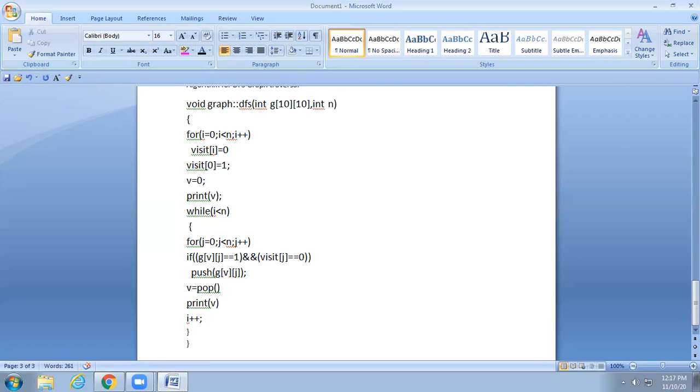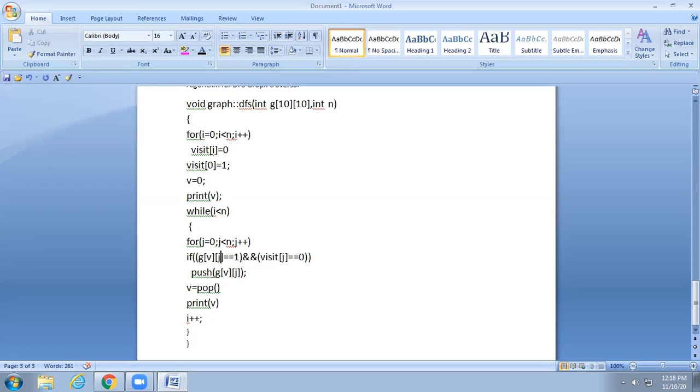In the case of an adjacency matrix, if the value is 1, it indicates there is an adjacent vertex. Otherwise, there is no adjacent vertex. So if g of vj equal to 1 and visit of j equal to 0, that means there is an adjacent vertex which is not visited, then push that adjacent vertex into the stack.